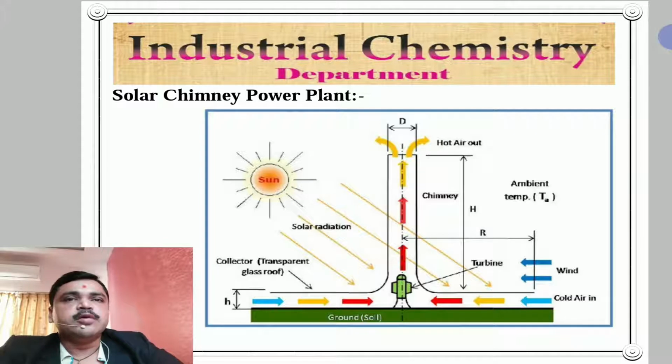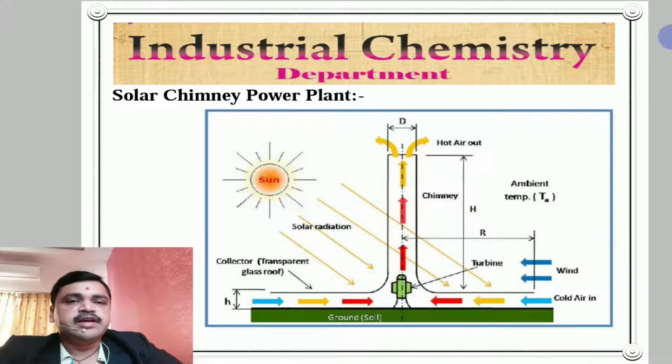The turbine house at the base of the chimney has 4 to 5 meter long turbine blades, which rotate at 15,000 rpm to produce an output of about 50 kilowatts. And the last point, the efficiency of such a plant is only 1% energy conversion.